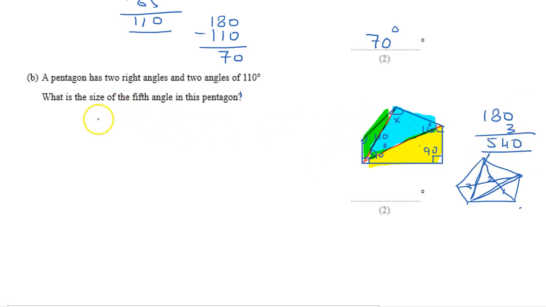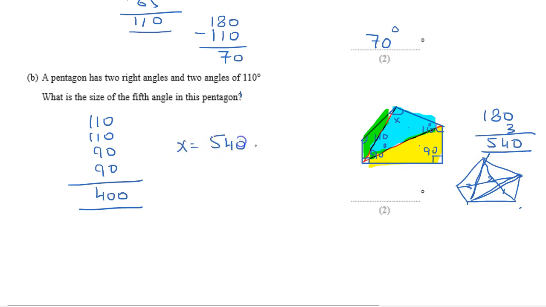Now let's see how many angles there are. So we have 110 plus 110 plus 90 plus 90. So 110 plus 90 is 200, 110 plus 90 is 200. So the total sum is 400. And it is supposed to be 540. So x will be 540 minus 400. So x will be 140 degrees.